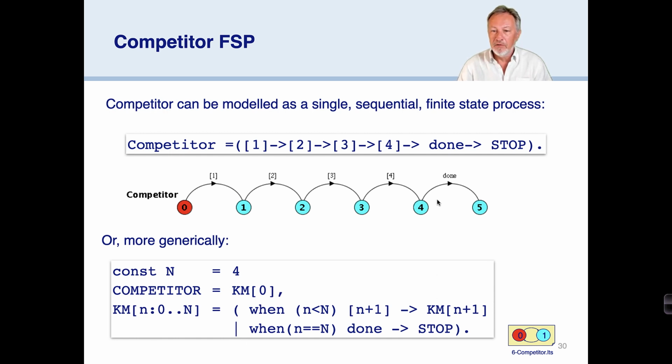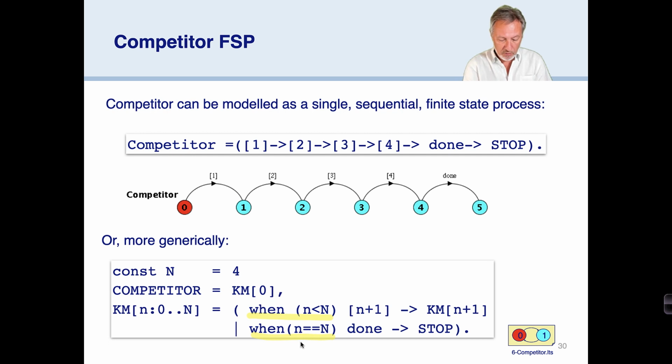At the end, however, we can only perform the done action, and then we reach the stop state. Notice that in this particular case, with our macro expansion, the when clauses will select either this action or that action, but never both, because these when clauses are mutually exclusive.